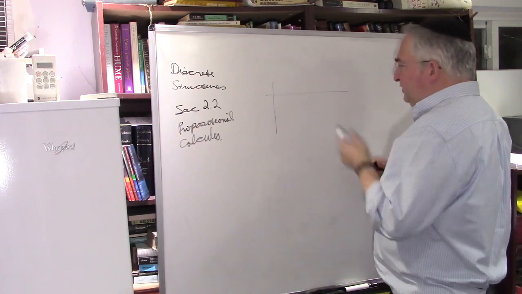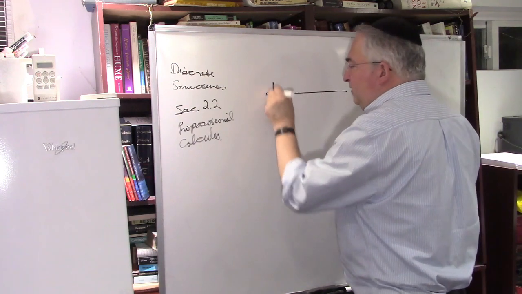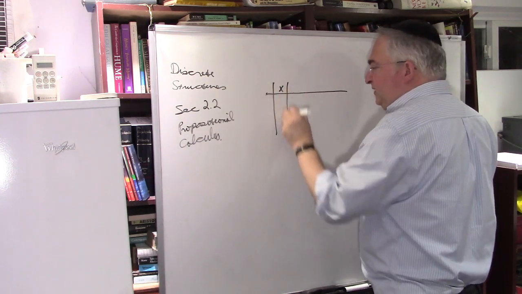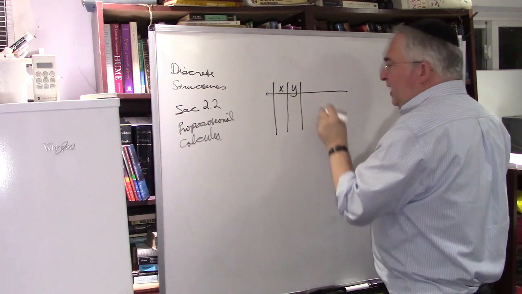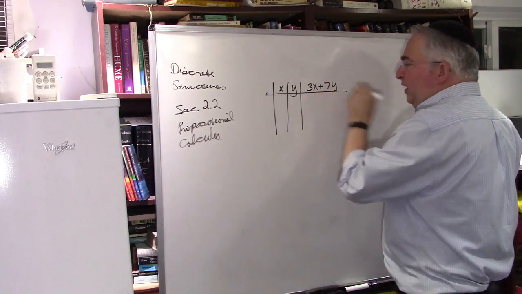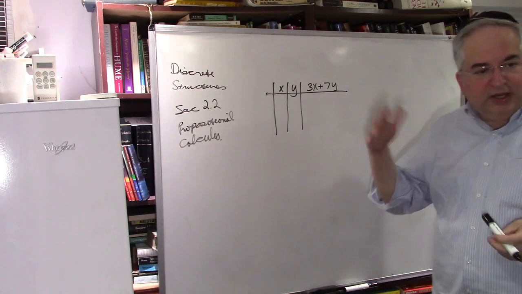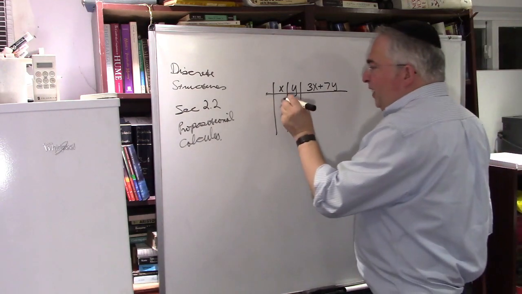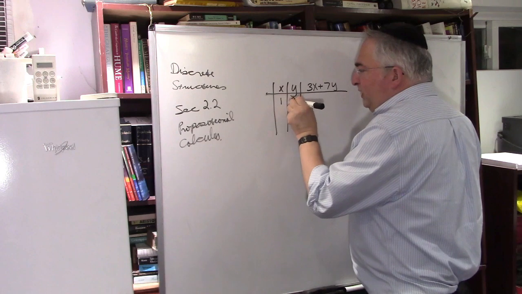You did something like this. You have a variable x, you have a variable y, and you want to figure out what 3x plus 7y is. So you plug in a few numbers. What happens if x is 1 and y is 2?